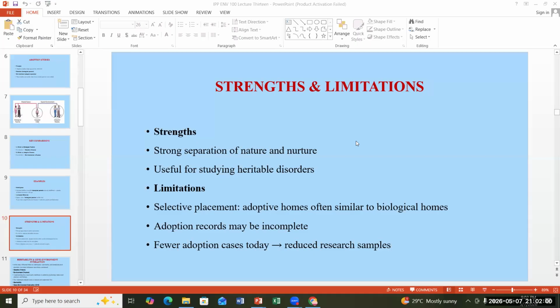Ramin, Faria, Javeria Sharif, Javeria Tayyab, present. Arisha, Arisha Rahman, Rabia Javed, present.